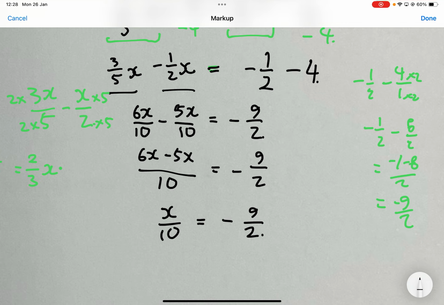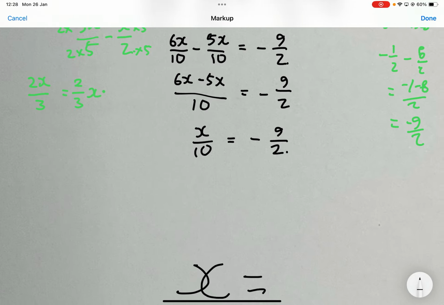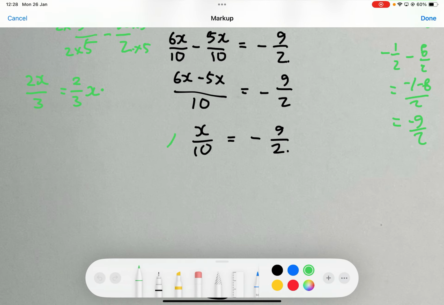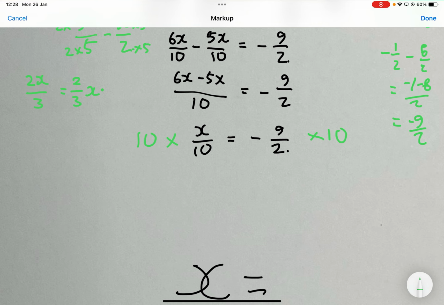Then now we are very close to our answer already. x over 10, but my answer is x. So from x over 10 to become x, I multiply 10 to both sides. So that my 10 cancels with 10, I can become 1x. Then if I want to multiply 10, I must multiply 10 also.